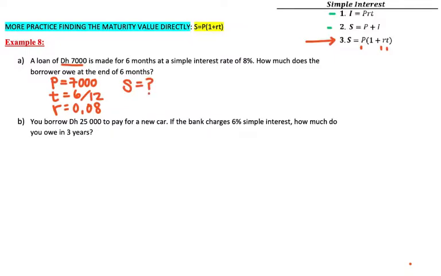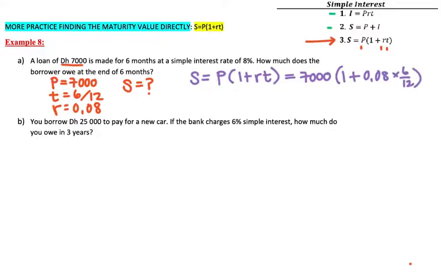They did not ask for how much interest you have to pay, so we can skip that part and just directly use this formula, S equals P times 1 plus RT, and then plug everything in: 7,000 times 1 plus 0.08 times 6 over 12, and you end up getting a future value of 7,280 dirhams. So if you borrow 7,000 under those terms, then when you pay it back, you will pay back 7,280 dirhams.